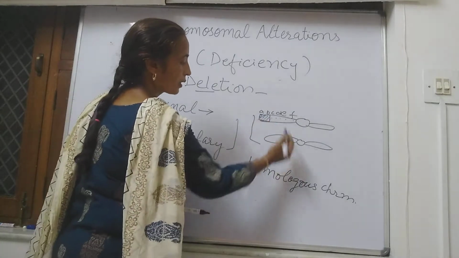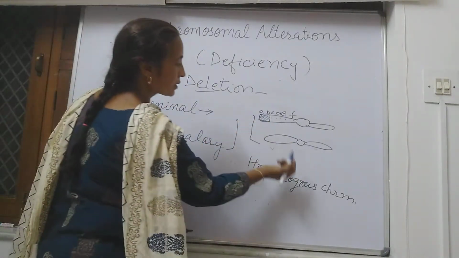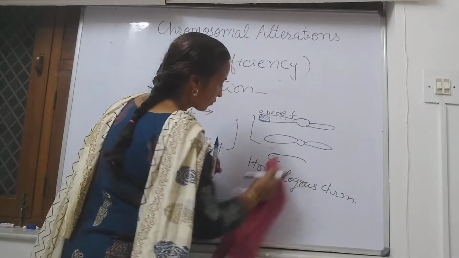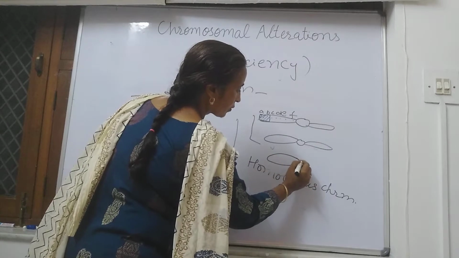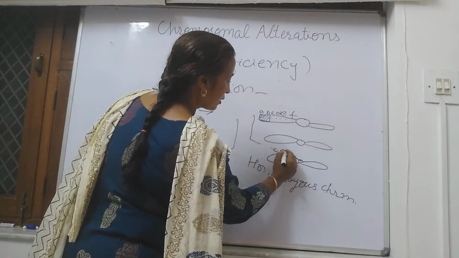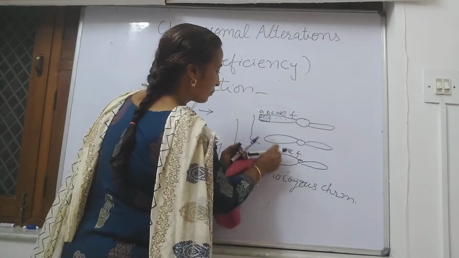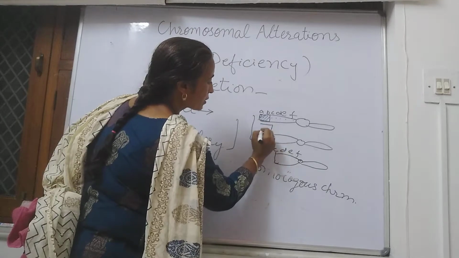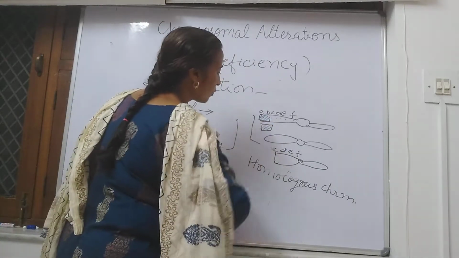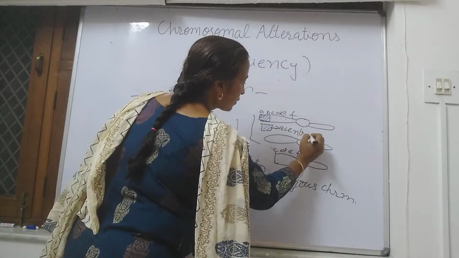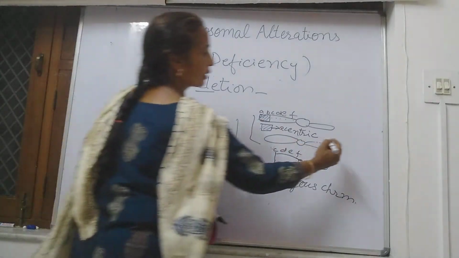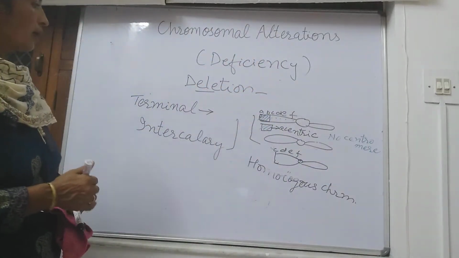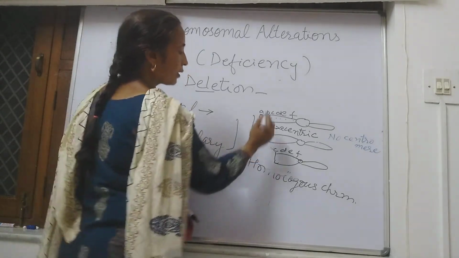After deletion, the sequence will be C, D, E, F. The lost AB segment is also acentric, that is, there is no centromere. And in terminal deletion, there is only one break.